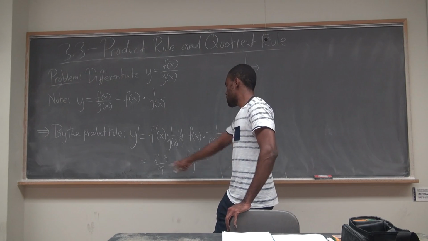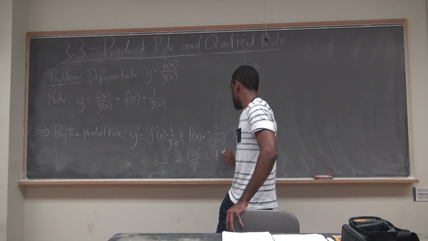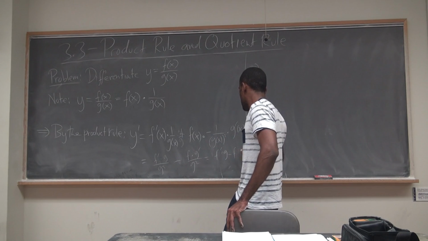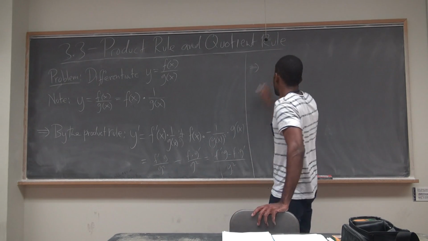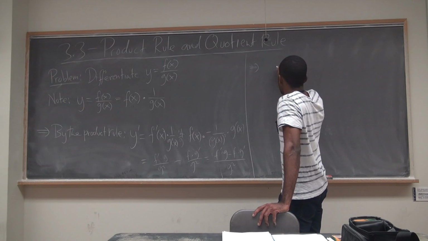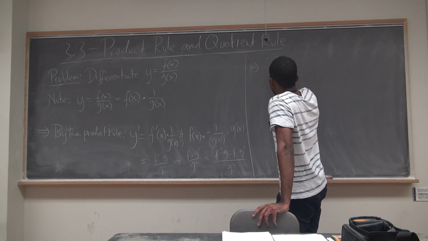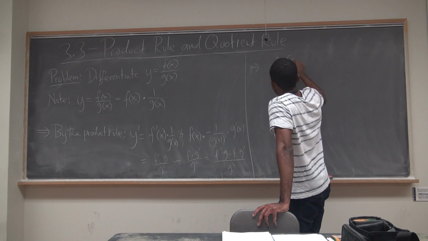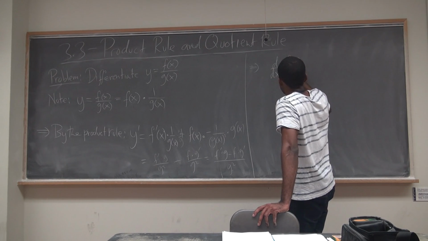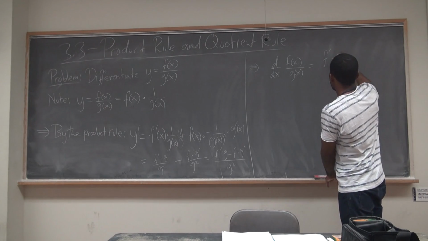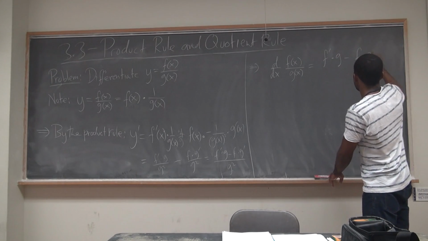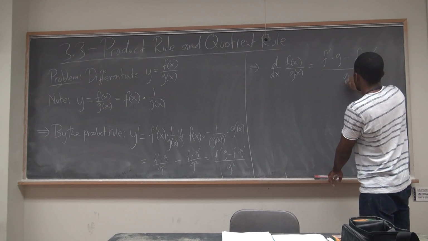And since g squared is a common denominator, I can combine those: f prime times g minus f times g prime over g squared. This leads us to what's called the quotient rule. This says the derivative of a quotient, or a division, is f prime times g minus f times g prime over g squared.